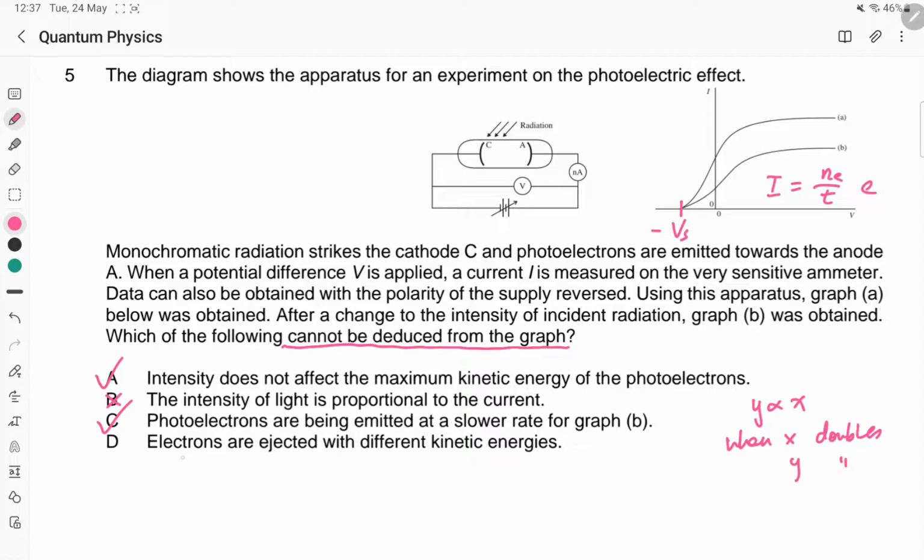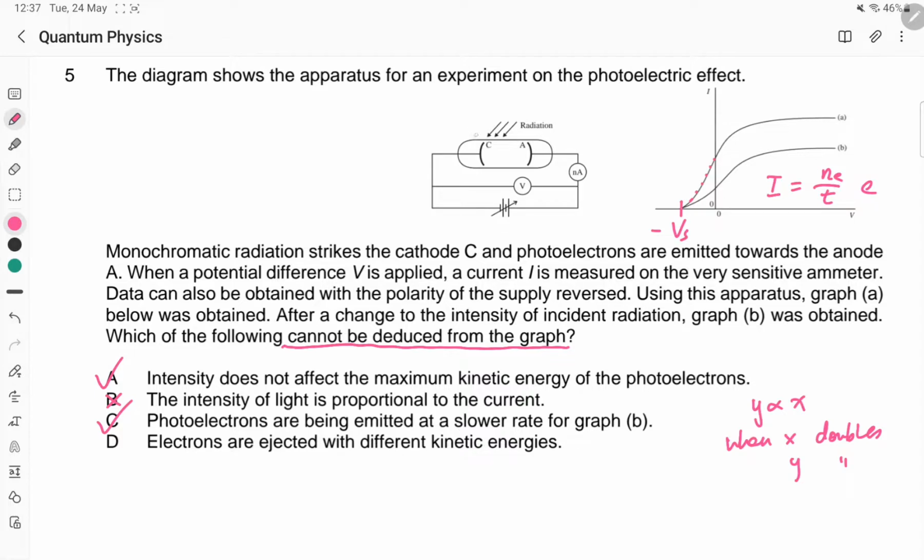Lastly, this is the most common option that people chose. Electrons ejected with different KE. Can it be deduced? Well, we could, because just look at this slope here, especially this portion. When we make the potential difference more and more negative, what does this potential difference mean?